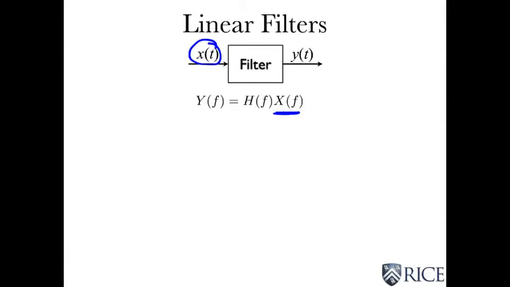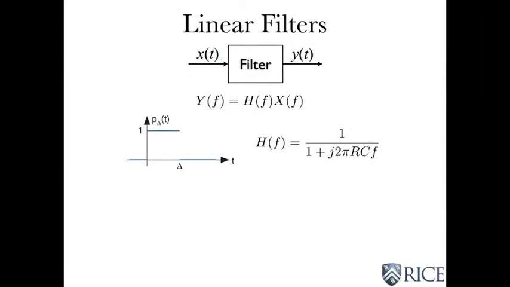So in terms of the spectra in the frequency domain, the Fourier transform of the output is just equal to the transfer function times the Fourier transform of the input.